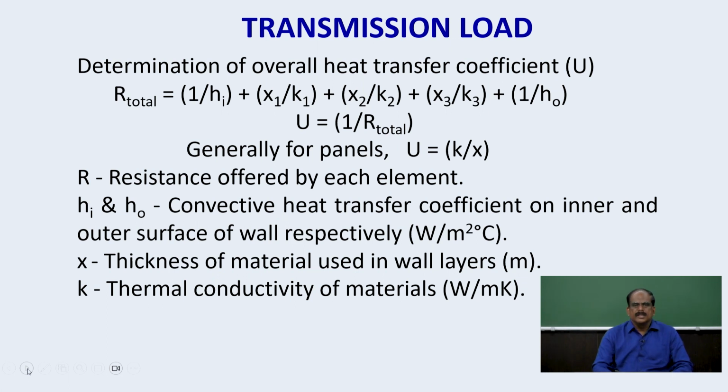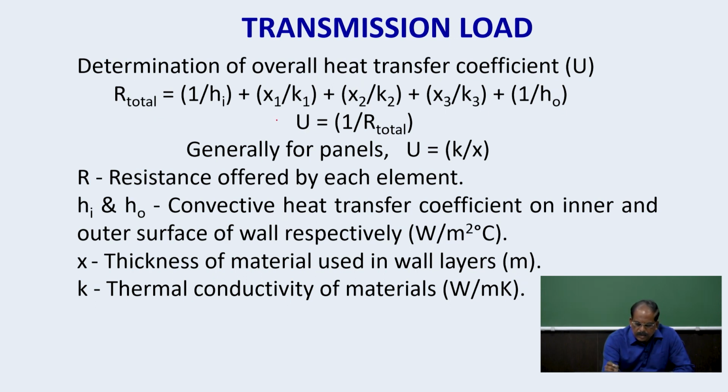Once we know the total resistance, 1 by total resistance will give the value of U. So U equals 1 by the summation of different heat transfer quantities. Here 1 by h_i is the heat transfer due to convection on the inner side, and 1 by h_o is the heat transfer due to convection on the outer side.